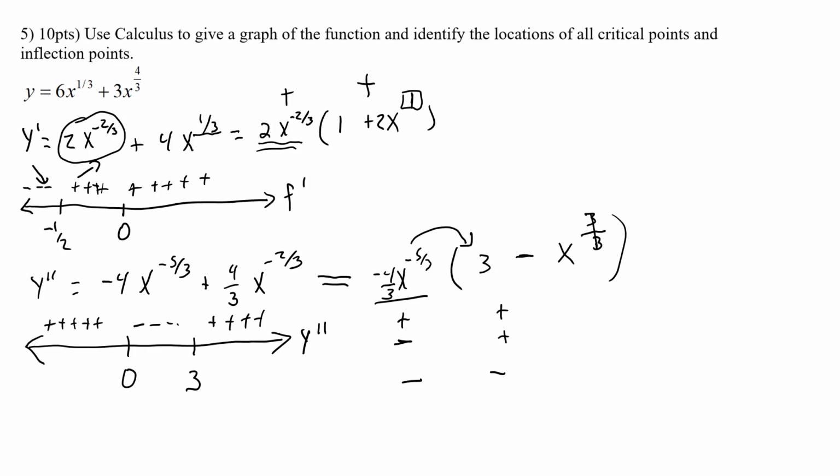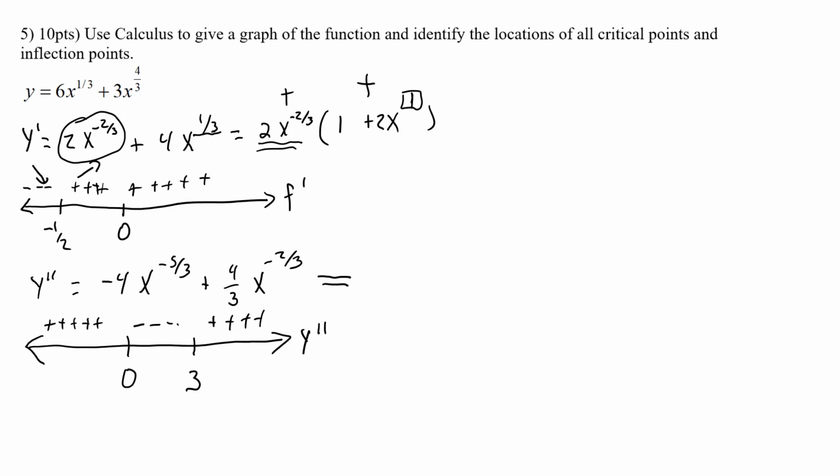So we can make a decent graph of this with 3 points. All we're going to need is 3 points. I expect to see a table. We just need negative 1/2, 0, and 3.